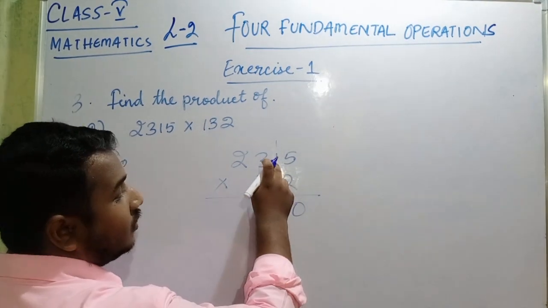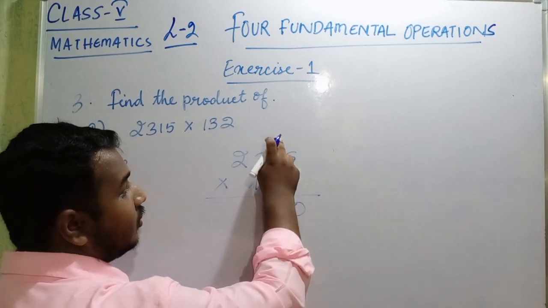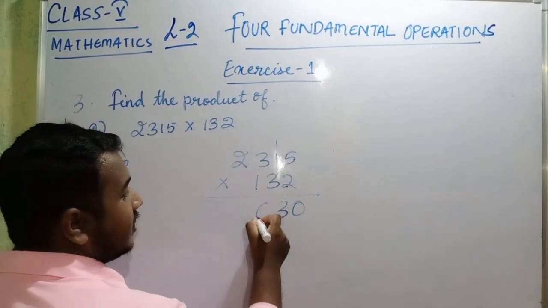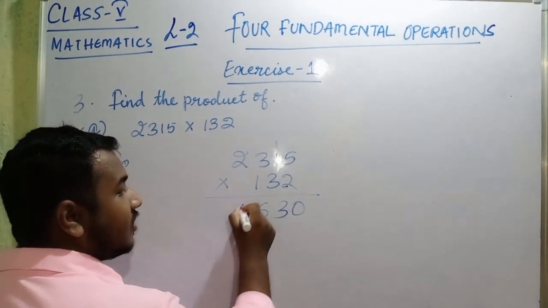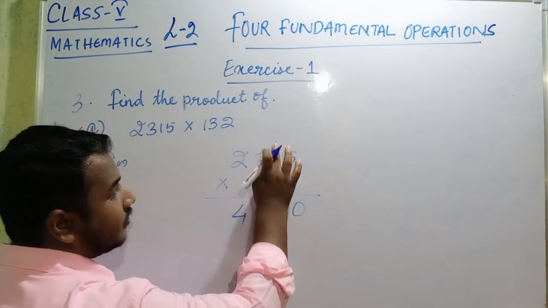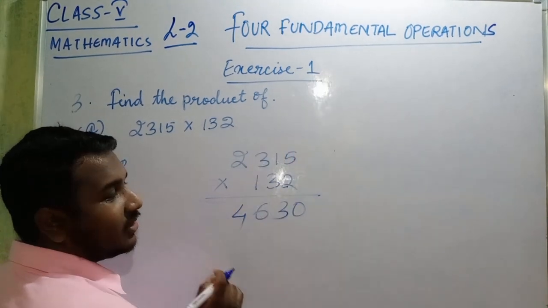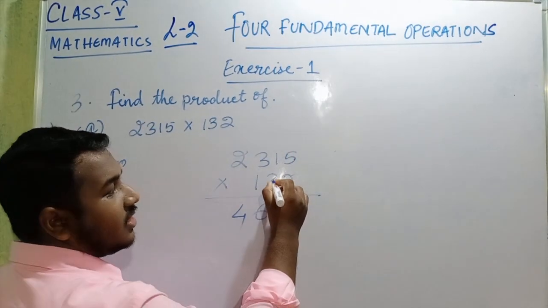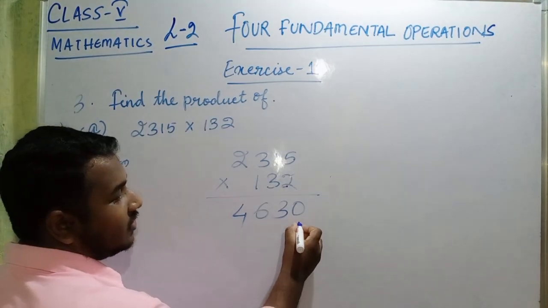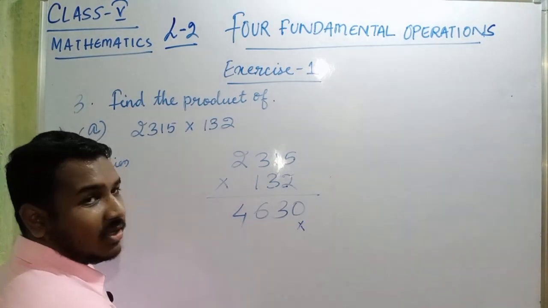Now 2 1s becomes 2, 2 plus 1 becomes 3. Then 2 3s becomes 6. Then 2 2s becomes 4. Understood? Now similarly we will take 3. Now the 2 portion is finished. Now the 3 portion. Here you have to leave this one, or simply put a cross.